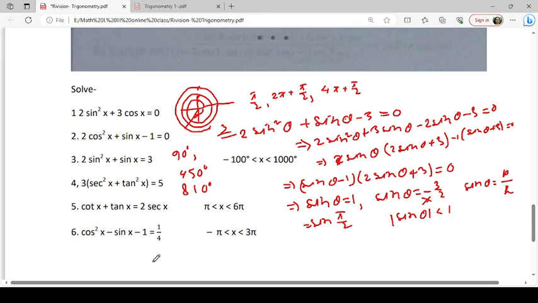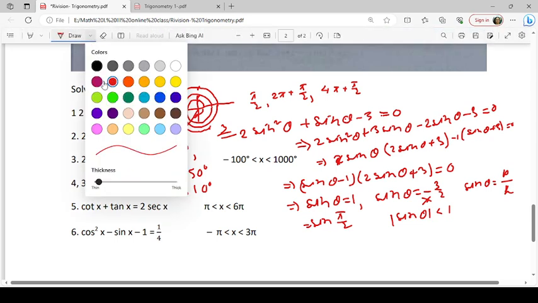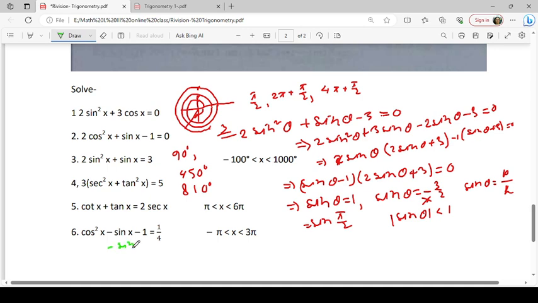Then this is also cos square theta. We write here 1 minus sine square theta, so that we have a quadratic equation. So this is sine theta minus sine theta, this is 1 minus cos square theta. This we write as minus sine theta minus sine square theta equal to 1 by 4.